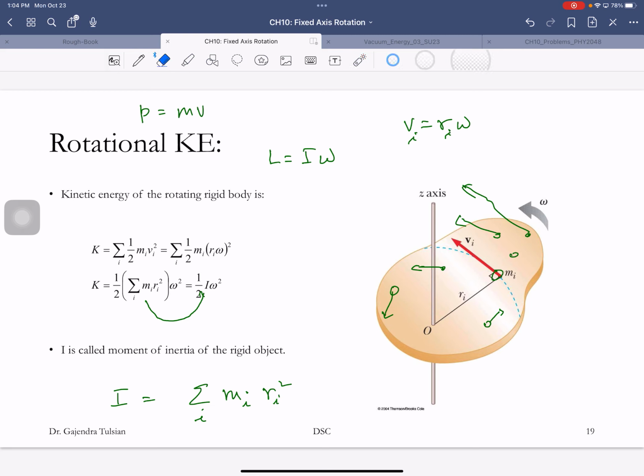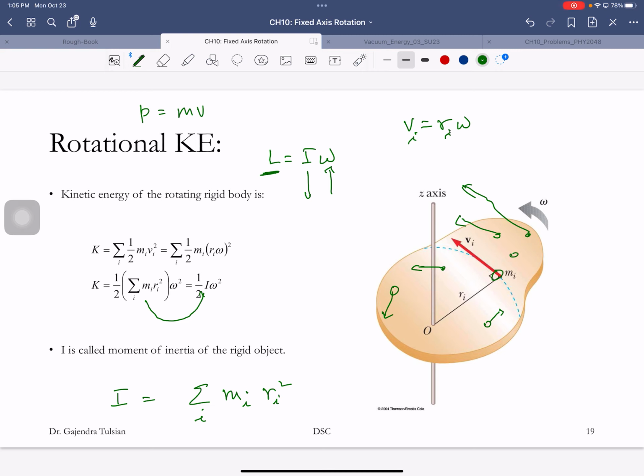So when an ice skater spins and brings their arms in, they're reducing r for some mass, they're reducing I, and this quantity remains constant so that their speed increases. That's what they're doing, and we'll see these examples next chapter.